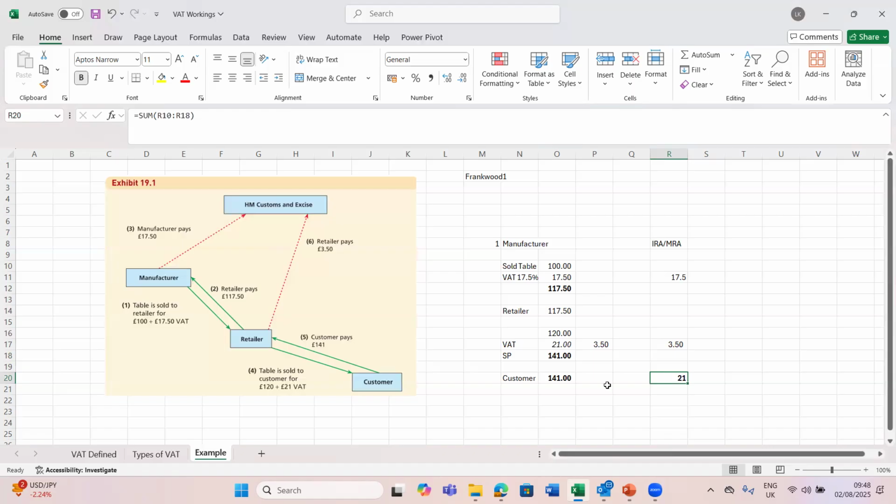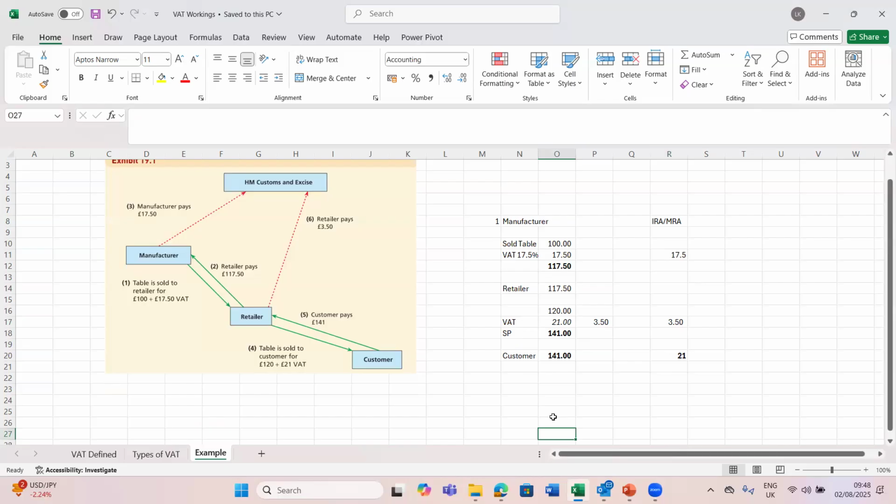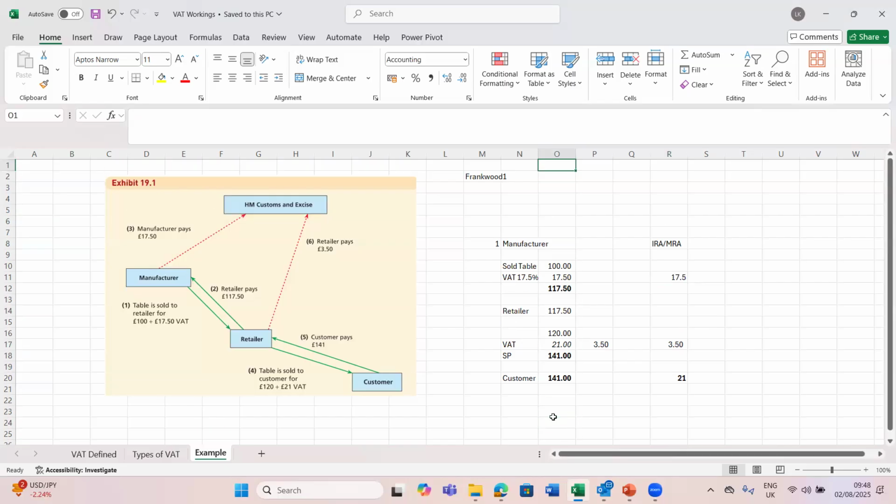So it's the final consumer who pays the value added tax or the sales tax. Had it been that the retailer did not want to sell these goods to customers, it could have ended here. The result could have been only the manufacturer paying to the IRA or MRA the VAT involved. So that's how I can elaborate on the VAT, right?